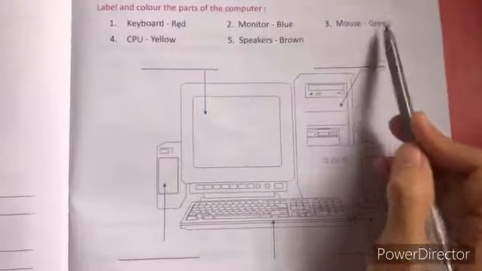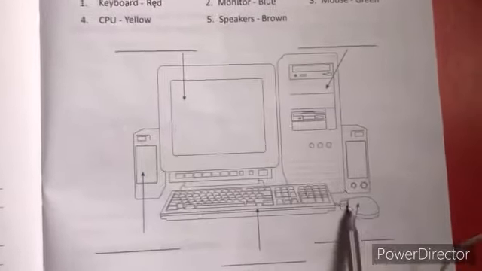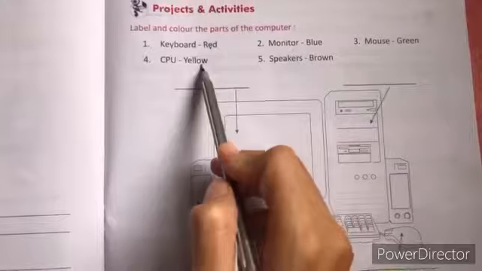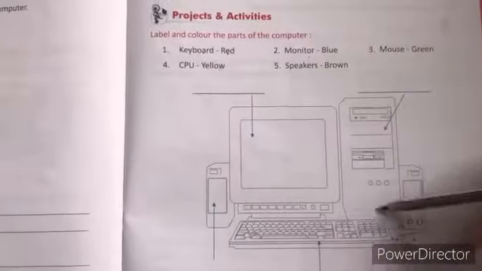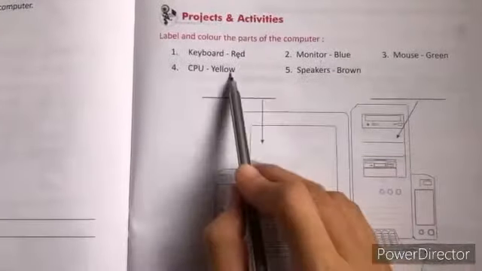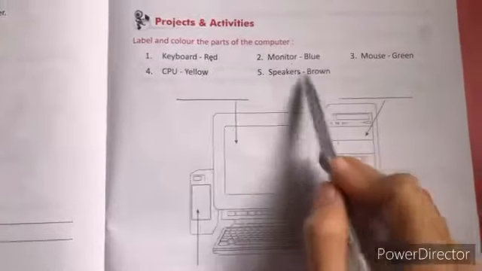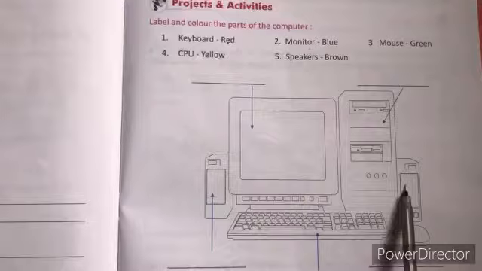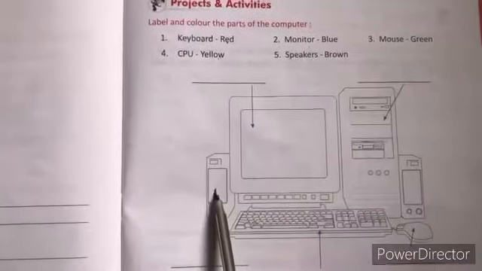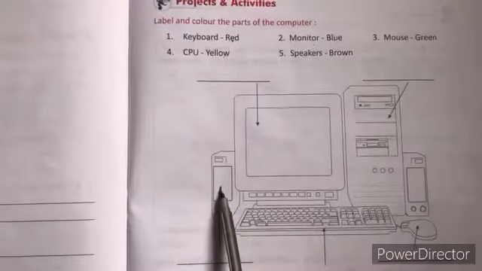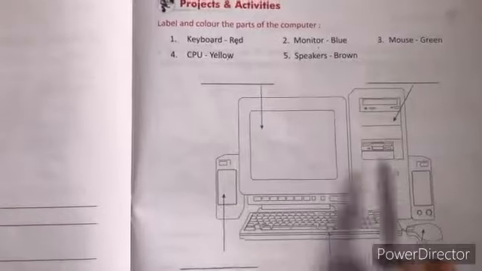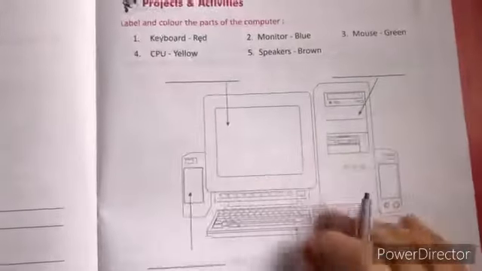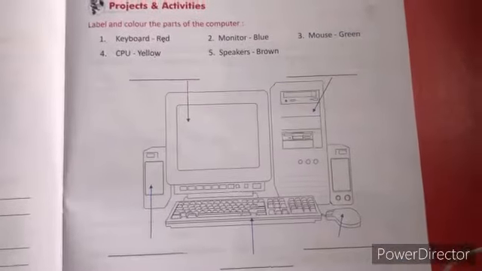Number 3, mouse has green color, so you fill green here. Number 4, CPU: fill yellow color. Speakers: they both are speakers, and the speakers have brown color, so you fill the speakers brown, right? And label them. Okay, this is your activity.